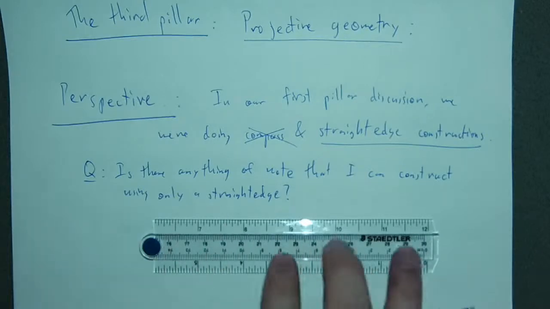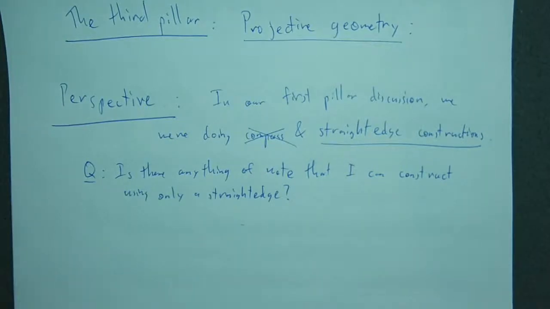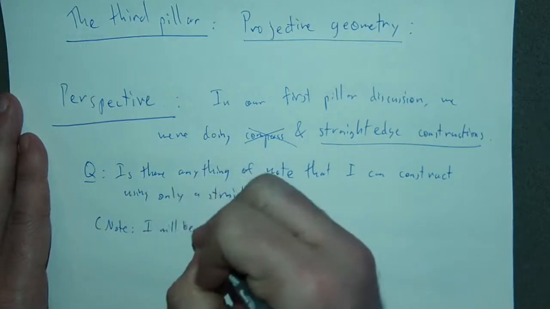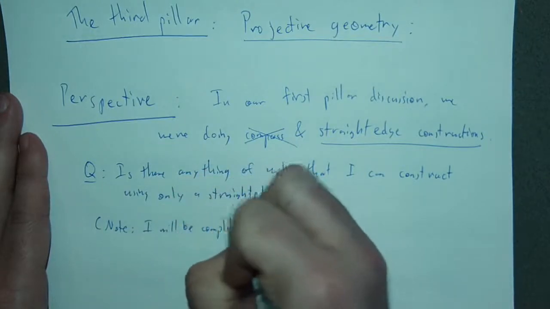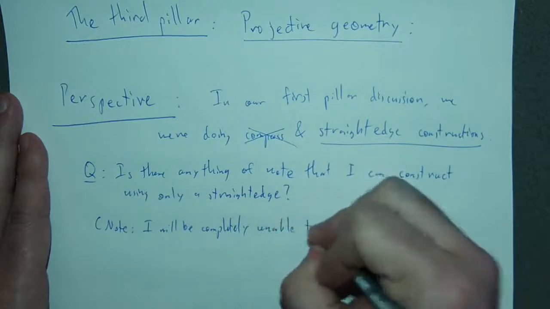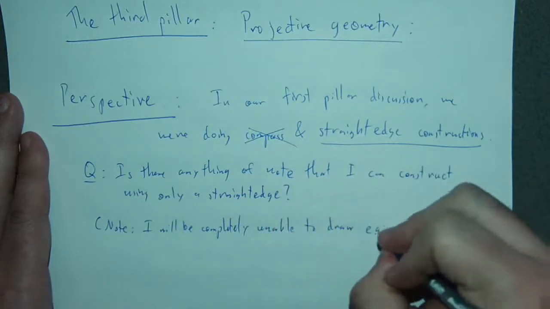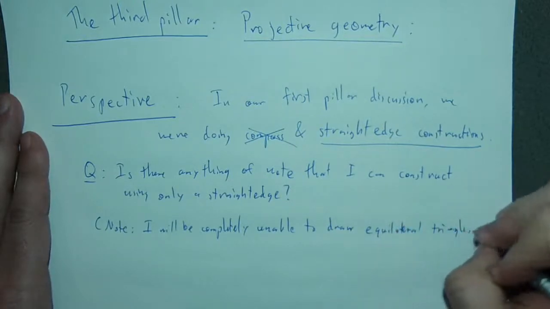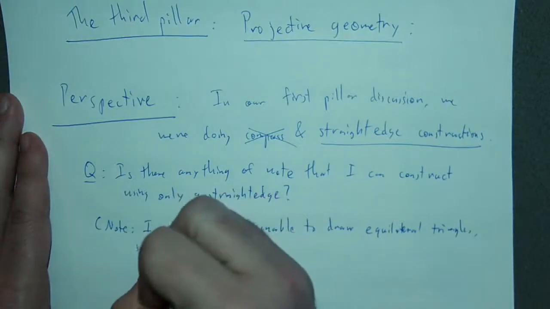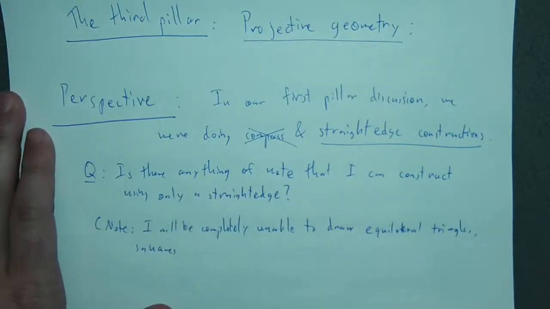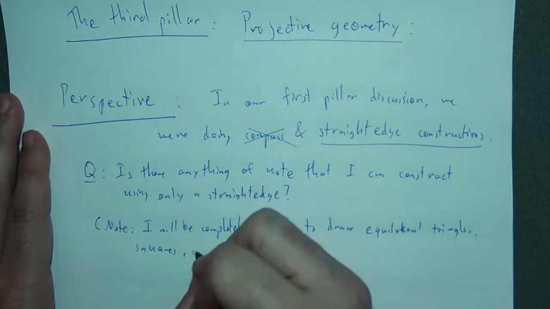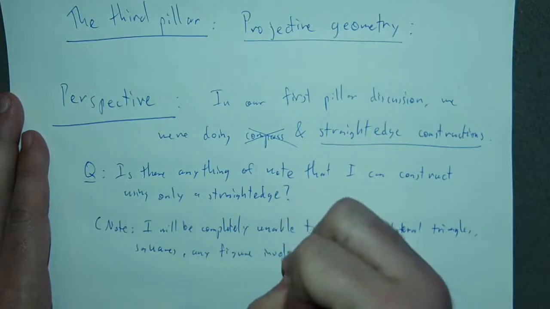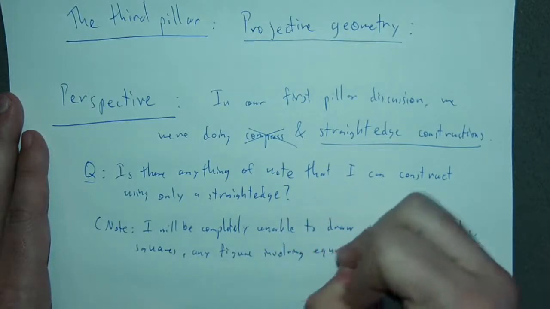And so when I'm using only a straight edge, I will be completely unable to draw equilateral triangles, squares, any figure involving equal line segments.